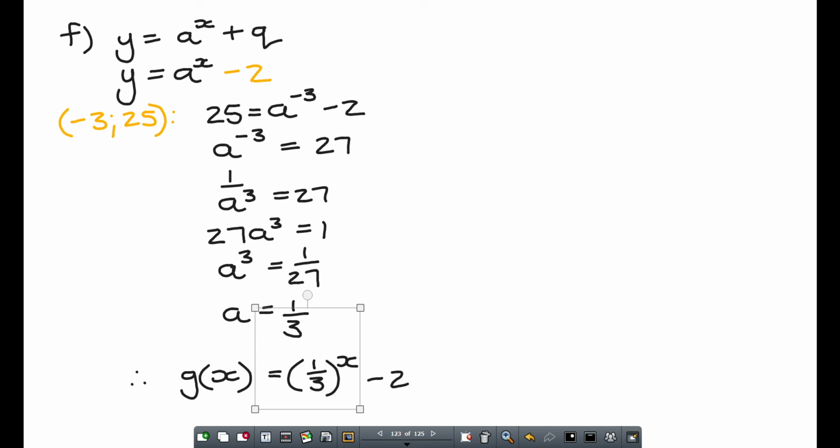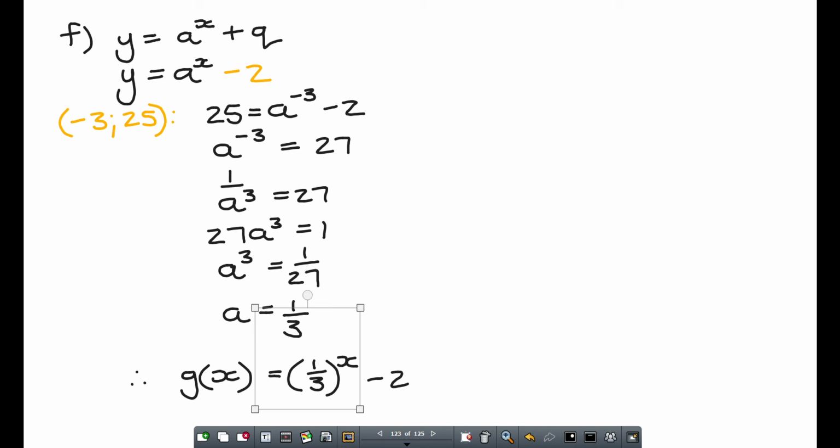Jy moet vir my die vergelyking kan kry van elkeen van daai grafieke. So, opposites, né? First things first, you must be able to draw it if I give you the equation. Secondly, for every single graph, if I give you the picture, you must be able to give me the equation. Okay. As jy dit kan doen, is jy klaar well away.